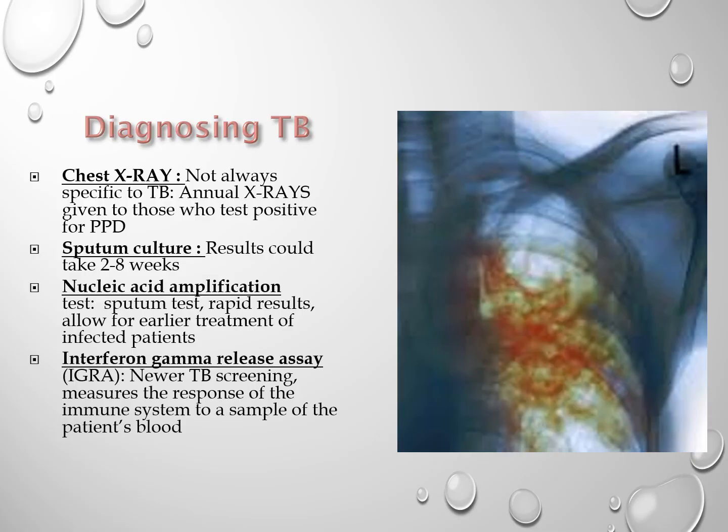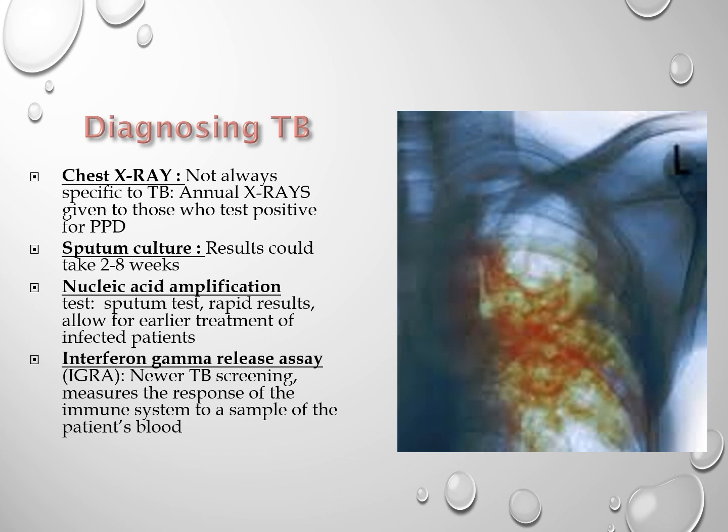Okay, and these are just different ways of actually diagnosing tuberculosis. So remember, the tuberculin skin test is just showing whether or not you've had exposure. It does not tell us whether the patient has tuberculosis, just that you've had exposure to tuberculosis.